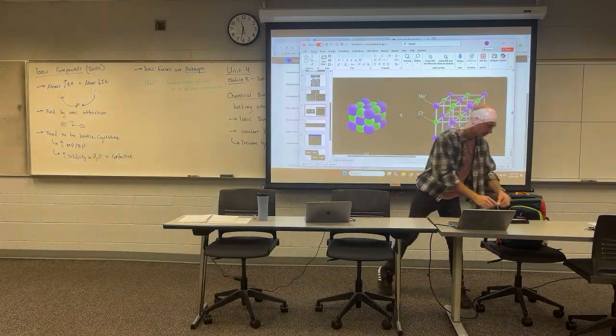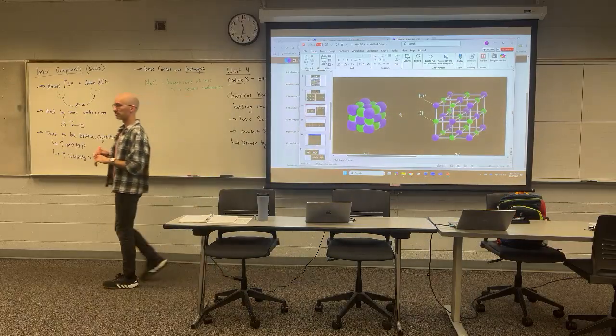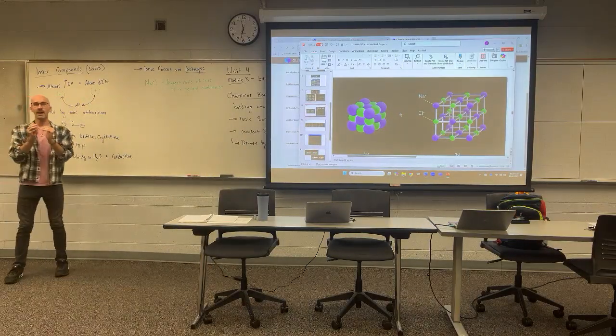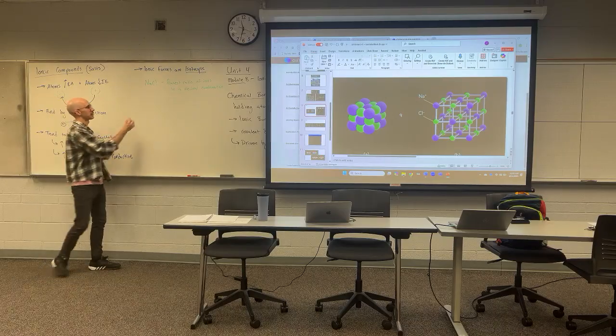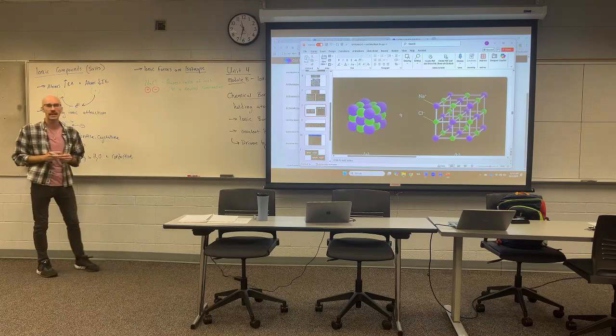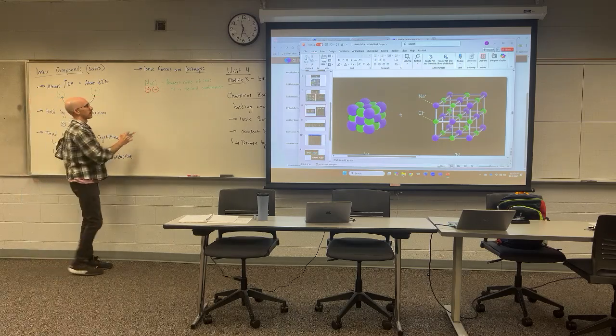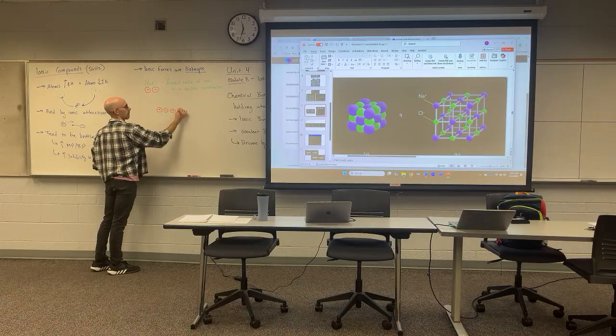This is not a molecule. NaCl is not two atoms that exist together. NaCl is the lowest ratio of ions that balances each other's charges. But it's not just two atoms. Here is Na plus, and here is Cl minus. That's not a molecule. That's just their lowest ratio.